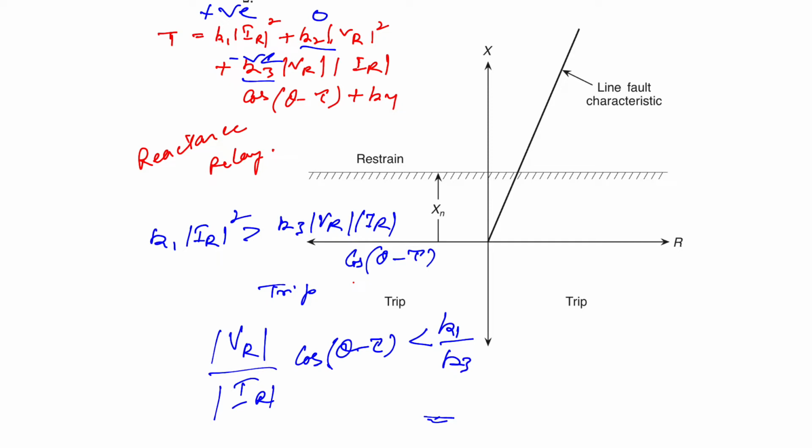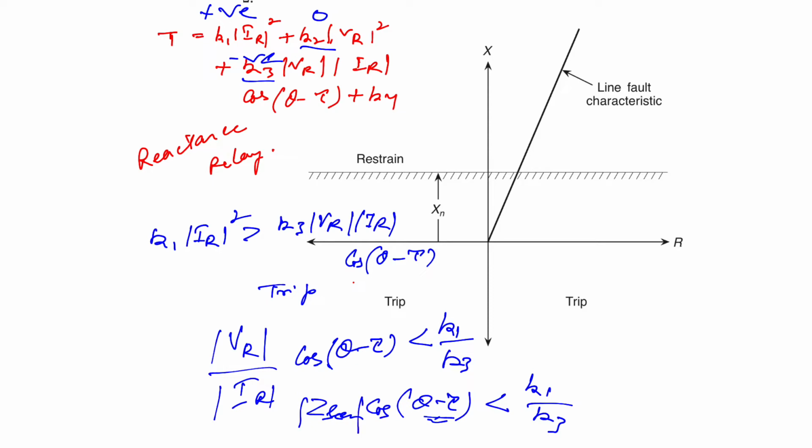As you have seen from the previous module, VR by IR is equal to Z seen. So Z seen cos of (theta minus tau) is less than K1 divided by K3. And let us suppose this is the magnitude.